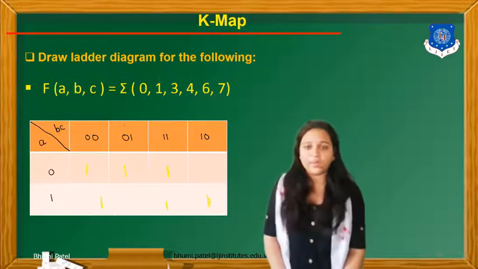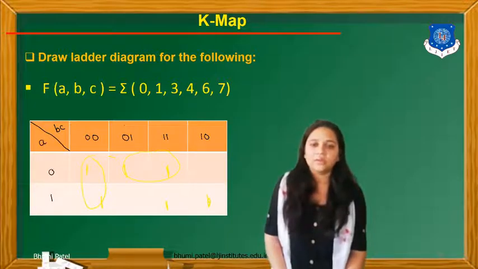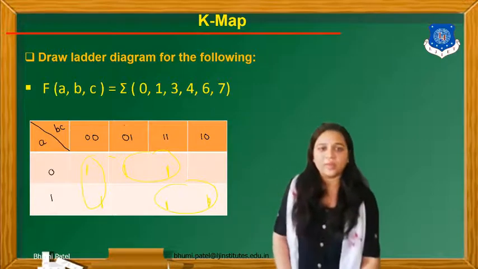Now we have to make the pairs. So we can take this 2, 1, this 2, 1 and this 2, 1. So the equation will become like this.